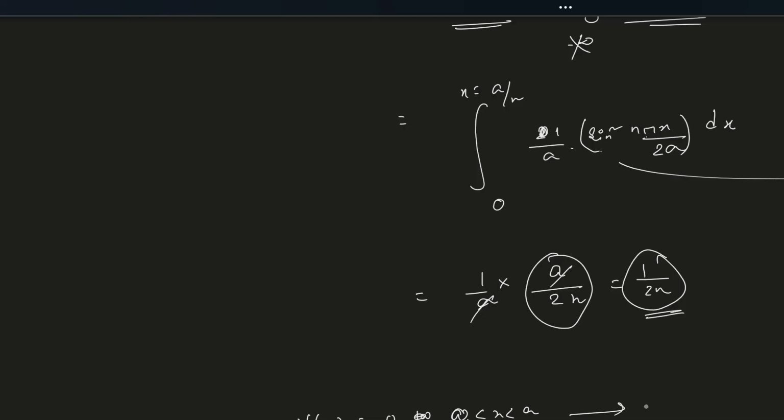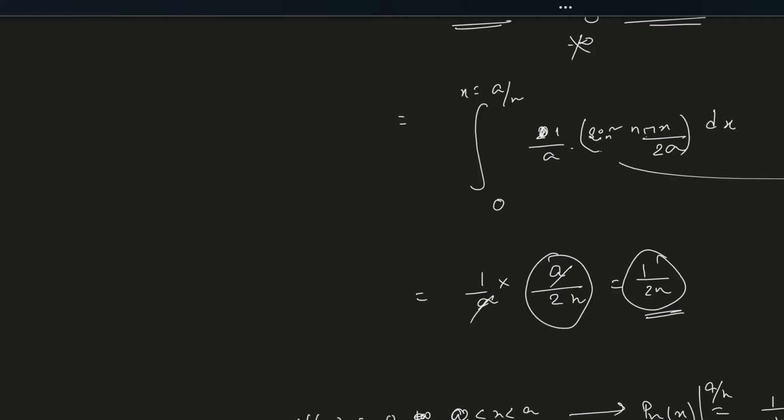Then the probability of the particle being trapped from 0 to a by n is 1 by n. But if the potential is 0 from minus a to plus a, that means the box size is entirely 2a, then the probability of the particle being from 0 to a by n will be not 1 by n but 1 by 2n.